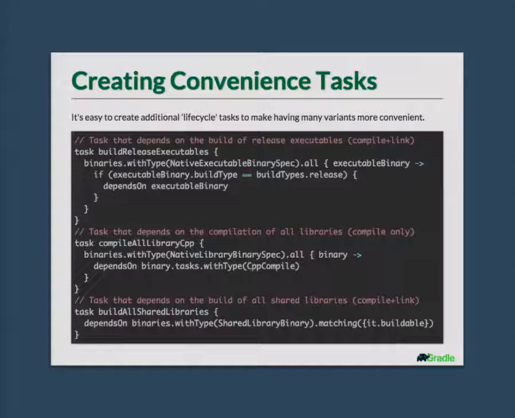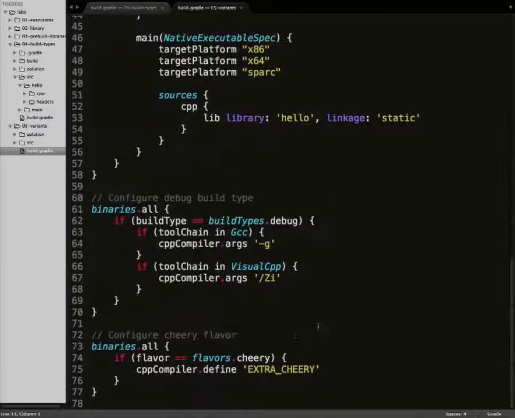No, everything inside of binaries is a binary, and it has a buildable flag in it. What you're really doing there is chaining two different rules together. You could create a rule with binaries.withType, or create a rule with binaries.matching. Or you can combine them together and say binaries.withType and matching, adding a whole bunch of conditions.